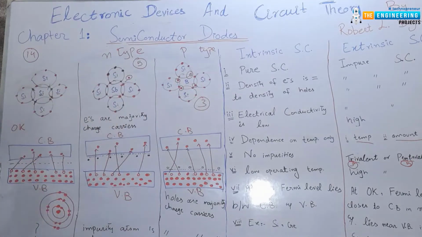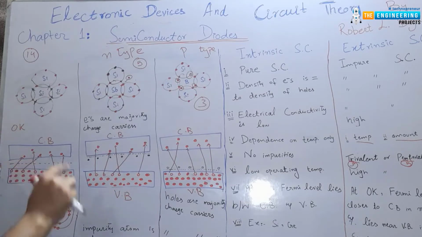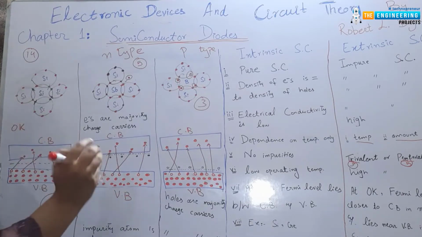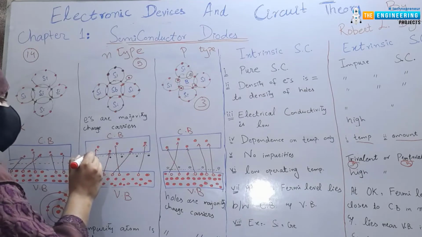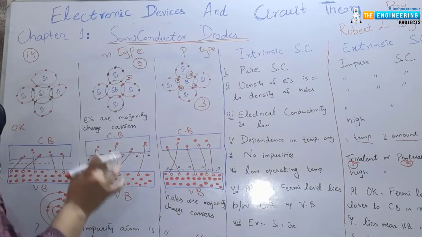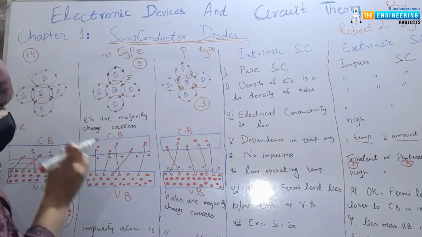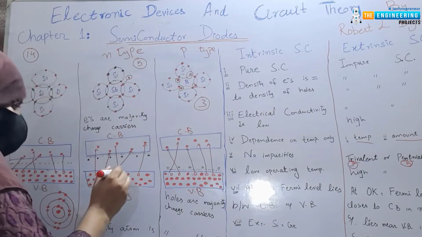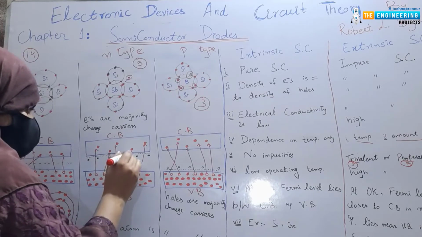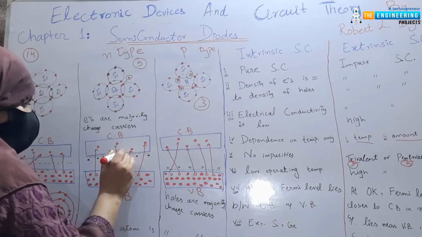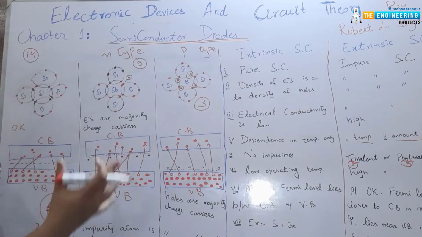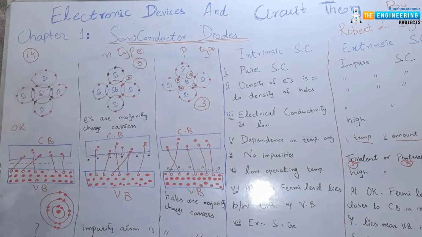One antimony atom can provide 1 electron, 2 antimony atoms can provide 2 free electrons, 3 antimony atoms can provide 3 free electrons, and these free electrons cause the Fermi level to move up. Now the electrons have to move from the valence band to the Fermi level, and then from the Fermi level to the conduction band. It means there will be 2 steps.